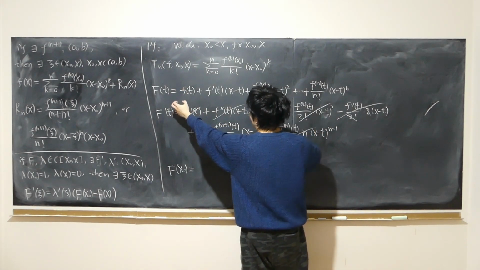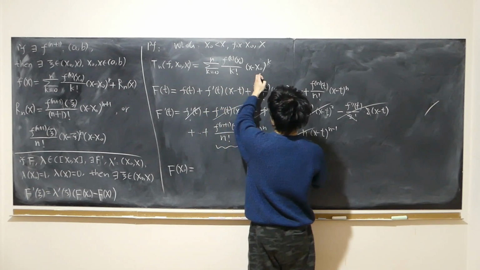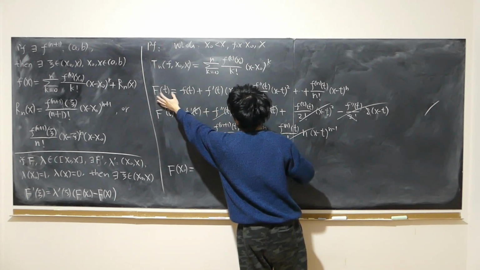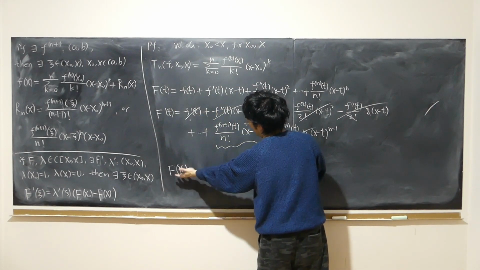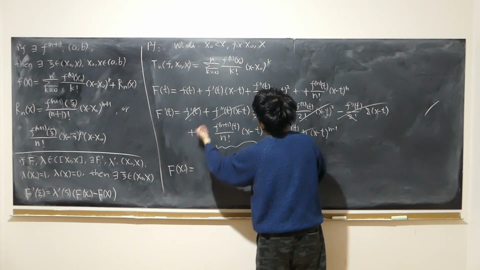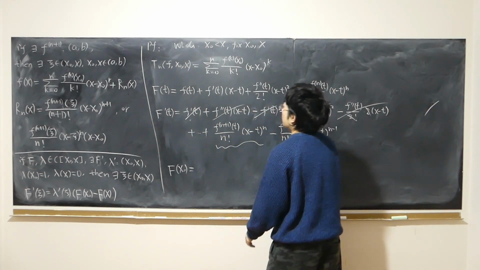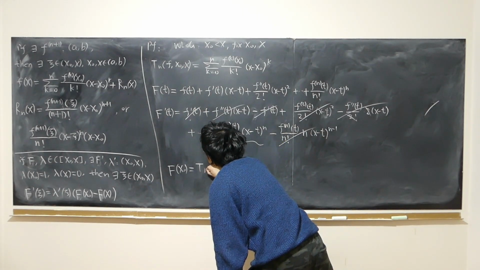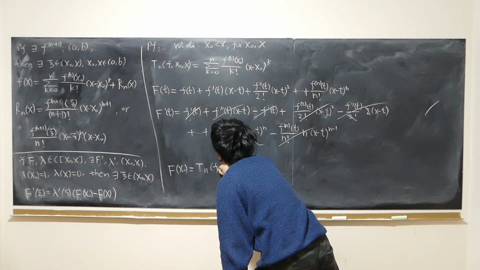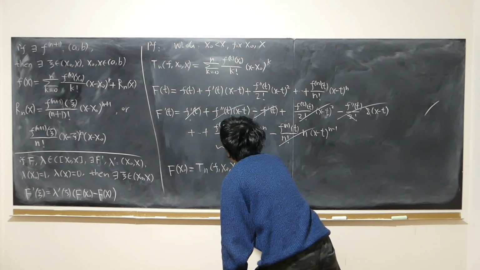Because remember, I constructed f of t by replacing x naught with t, right? This is mine. So therefore, if I still use x naught, it should still be the very same thing. That very thing. T_n f x naught of x, right?